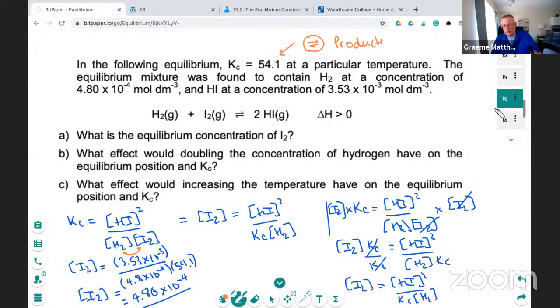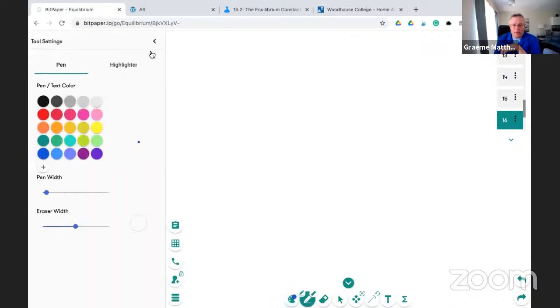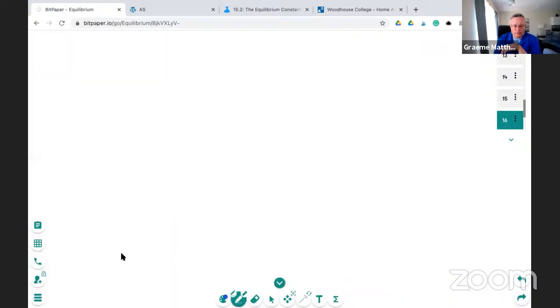B. Ooh. A little bit tricky. All right, so B. Let me first off copy over, back in blue, the expression we've got here: Kc is equal to [HI] squared over [H2] times [I2], right?